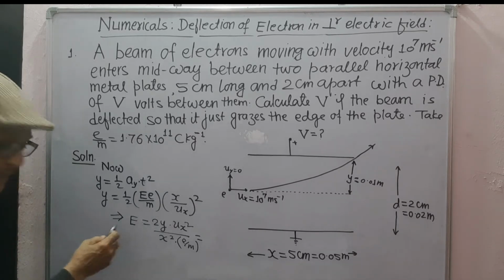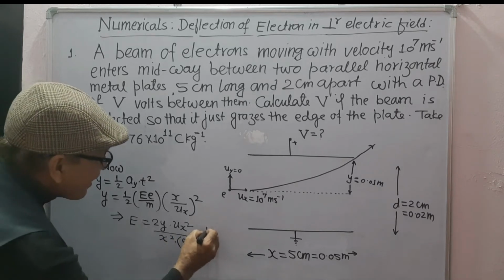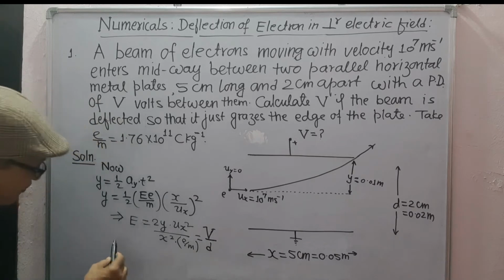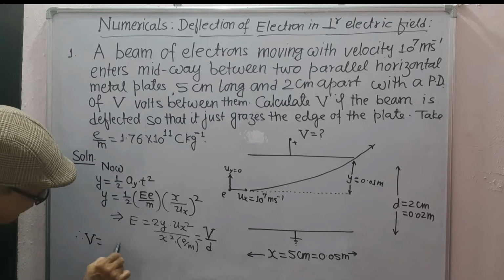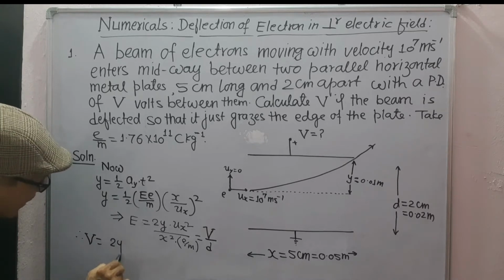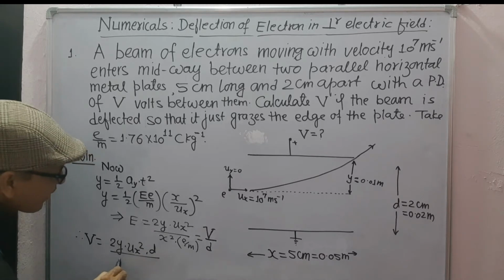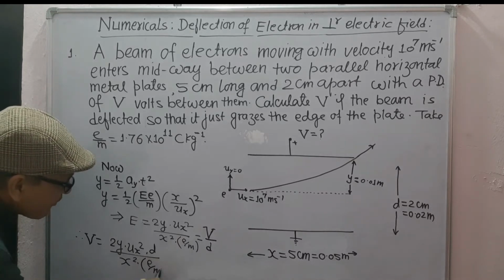Now E can be replaced by V by d. So this is V by d. Now V will be equal to 2y u_x square into d upon x square into e by m.